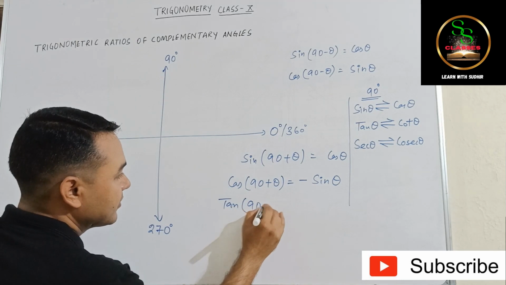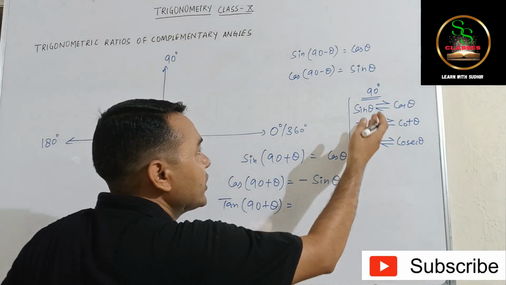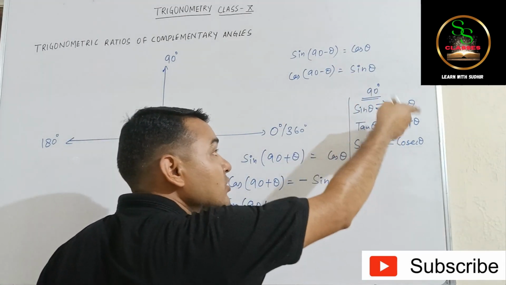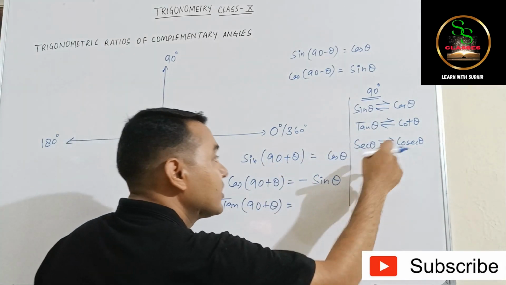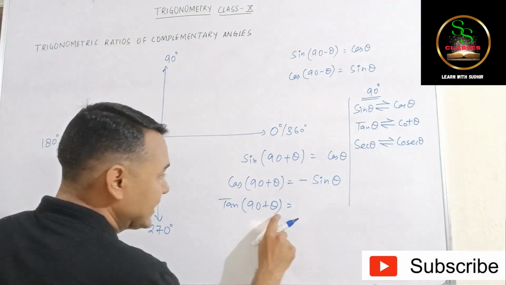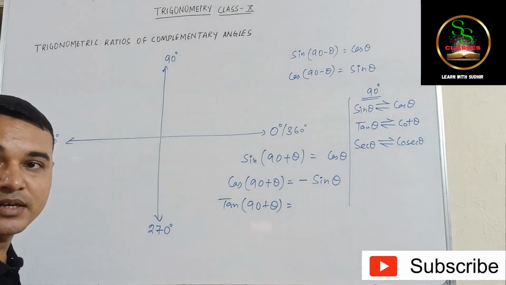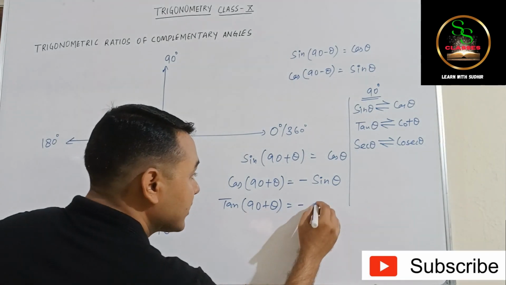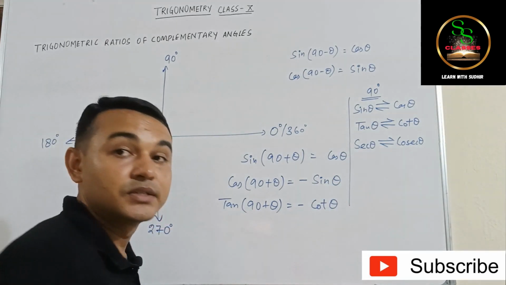Tan 90 plus theta is what? As you all know, when we change the trigonometric ratios with 90 degrees, sin will become cos, cos will become sin, tan will become cot, cot will become tan, sec will become cosec, and cosec will become sec. Okay? Tan 90 plus theta. We are adding something to 90 degrees, it means we are moving to the second quadrant. In the second quadrant, tan is negative, so a negative sign will come and tan will become cot.